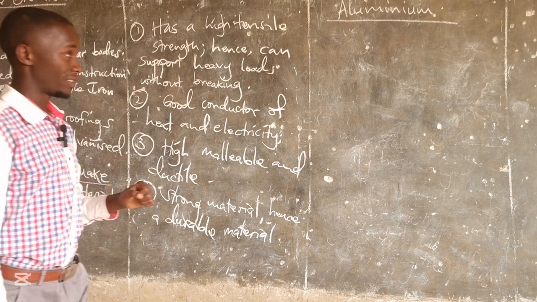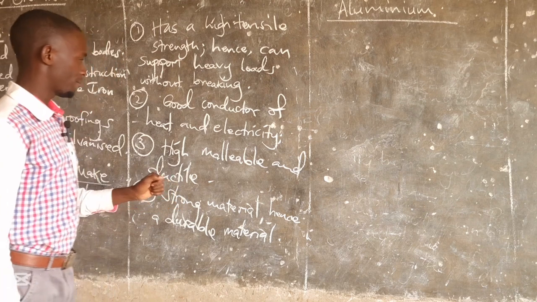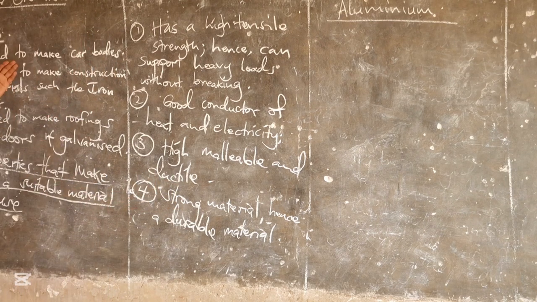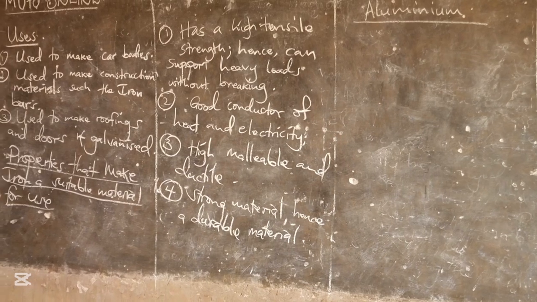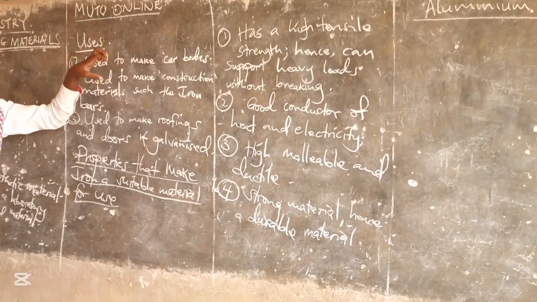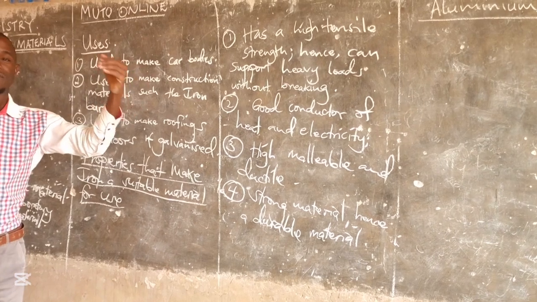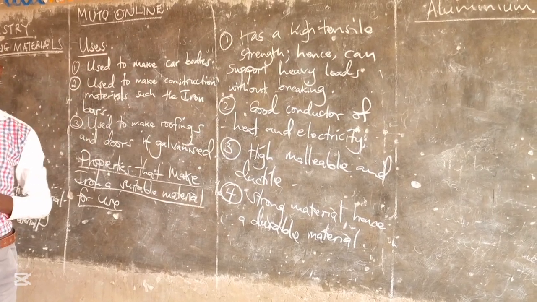Anyway, back to business. Before you even go to aluminium, for the users, they may be specific about a certain field. As you're giving the uses, please connect the use to the field where the material is asked.